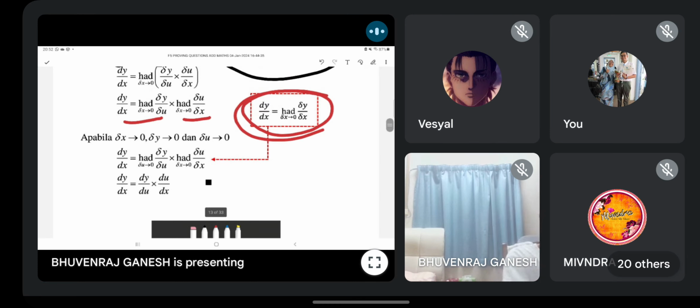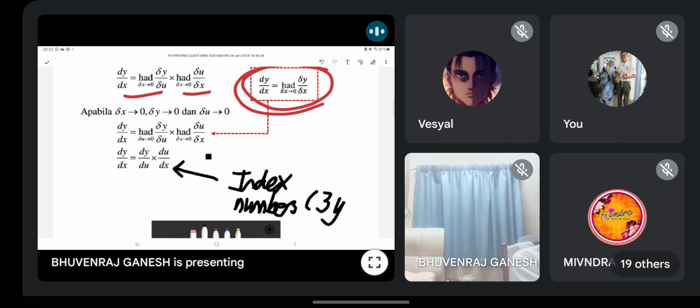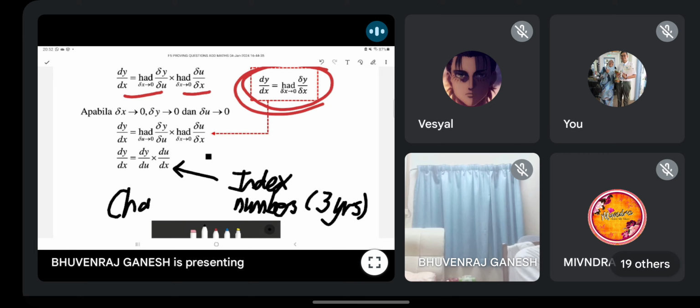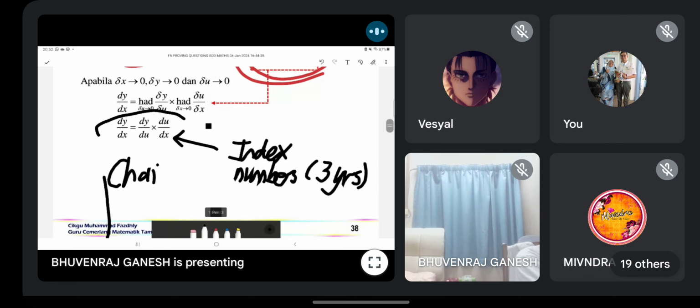Okay. Basically lah, if you all remember your index number, I tried to relate this to Form 4 Chapter 10 lah. How do you solve index numbers in 3 years guys? Macam mana nak selesaikan kalau harga index ni 3 tahun? We use chain rule. Am I right? Petua rantai. Chain rule. So the formula you're using, rumus yang kamu guna is actually this one.